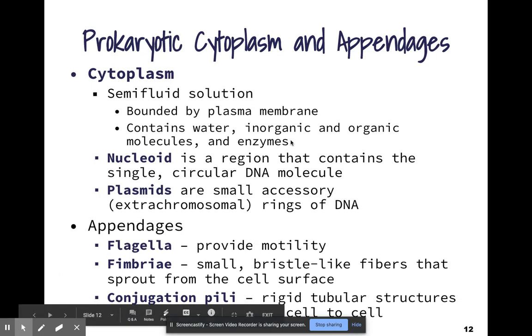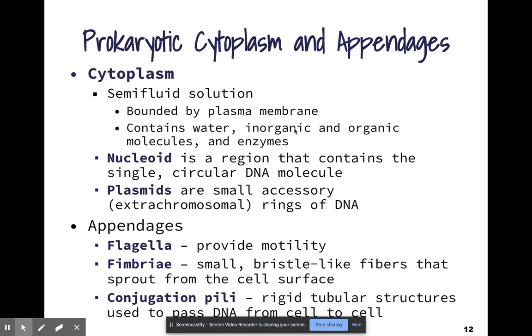Our prokaryotic cells contain cytoplasm, just like our regular cells. The cytoplasm is a semi-fluid solution bounded by the plasma membrane, which contains water, inorganic and organic molecules. Inorganic could be carbon dioxide and oxygen, and it also contains enzymes, okay?